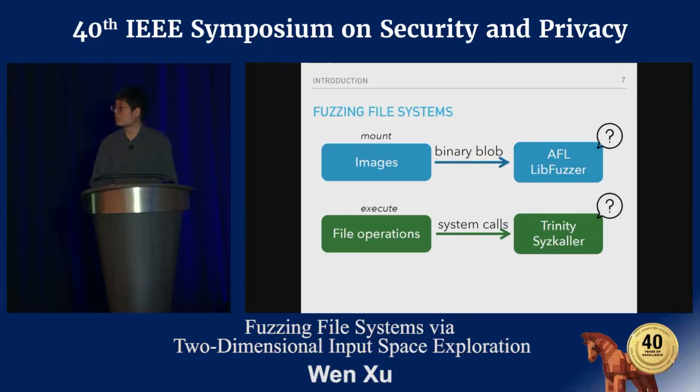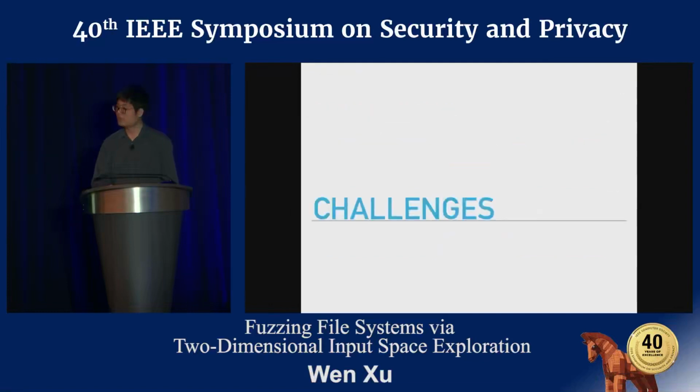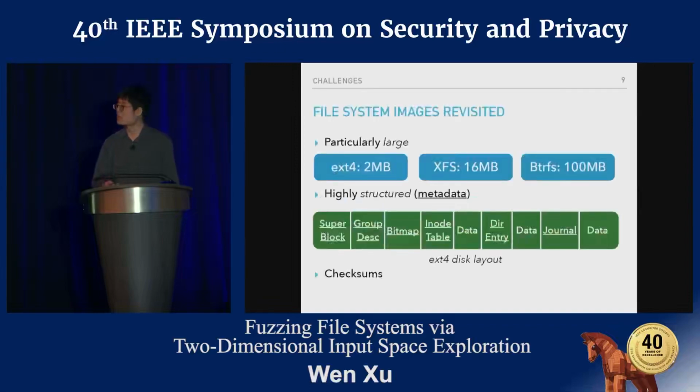And for file operations, there is in fact a list of system calls, so we can fuzz them using Syzkaller or Trinity. But directly applying these fuzzers to fuzz file systems is not so effective. I will explain the reason.